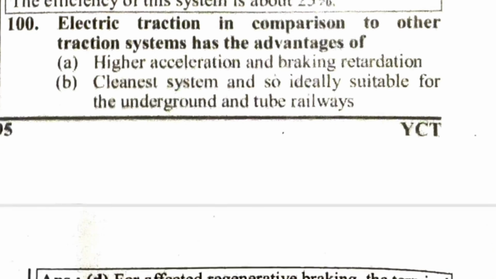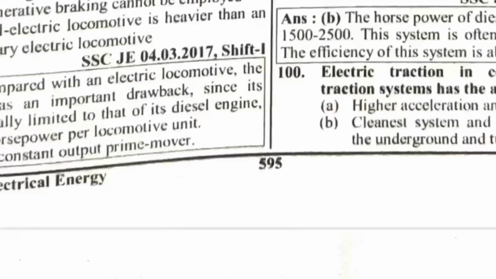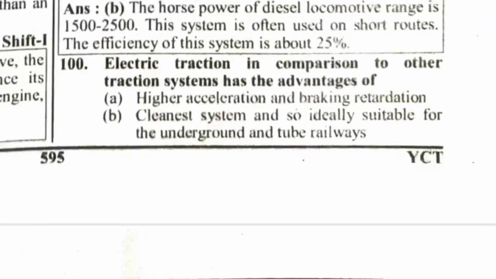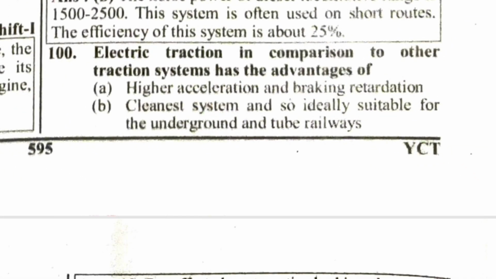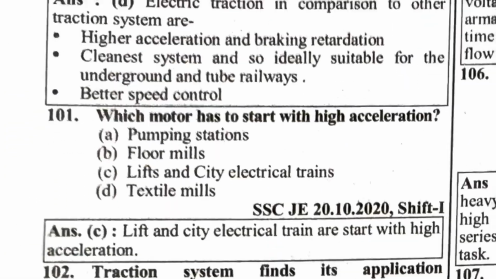Electric traction in comparison to other traction systems has advantage of, all हो जाएगा। क्या है? Higher acceleration and braking retardation, cleanest system and so ideally suitable for underground and tube railway, better speed control.